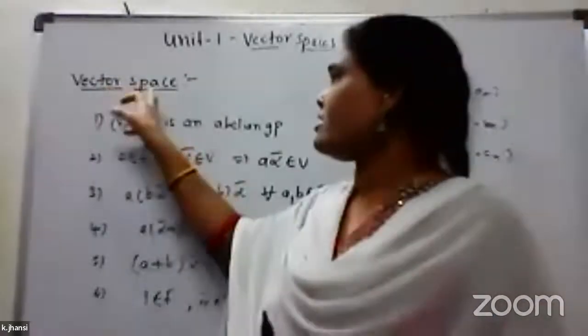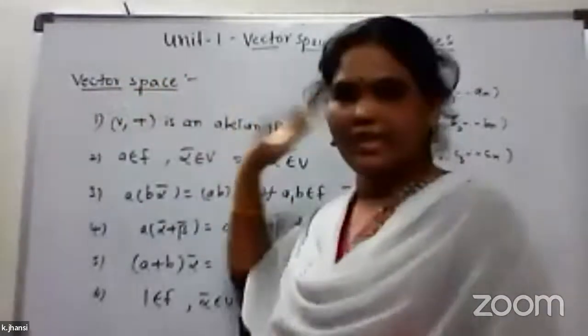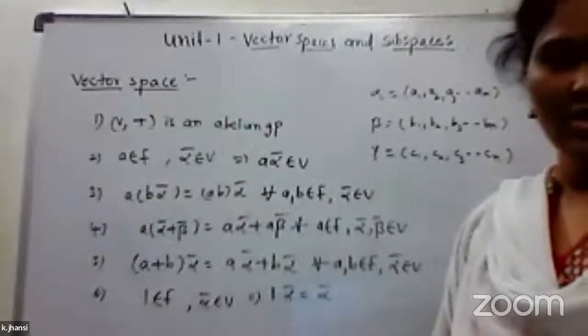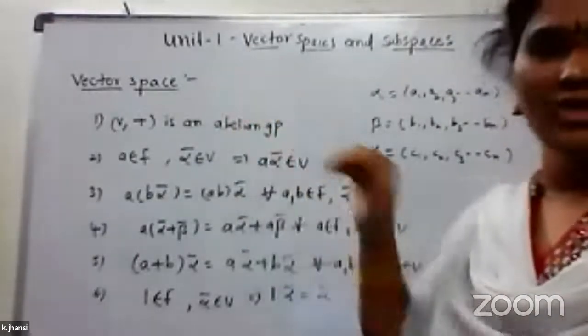So for the definition of a vector space, the theory part I have not written. V is a set of vectors, and F is the field of scalars.